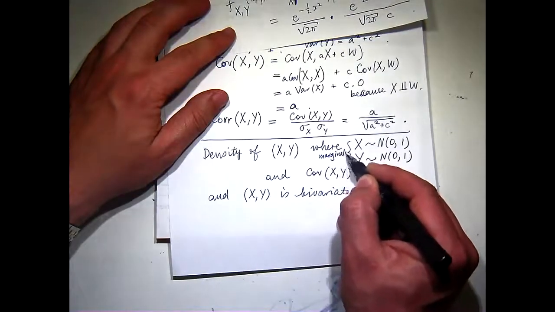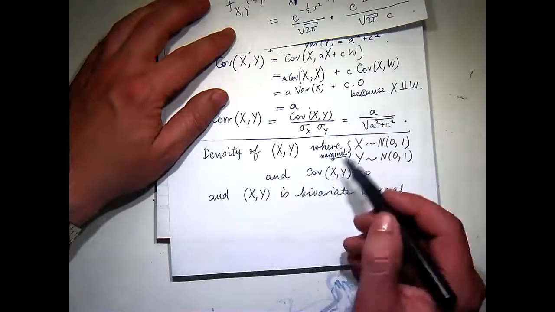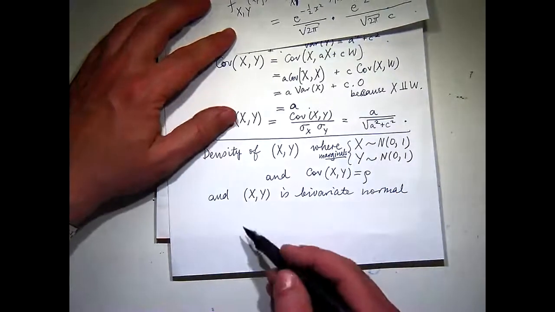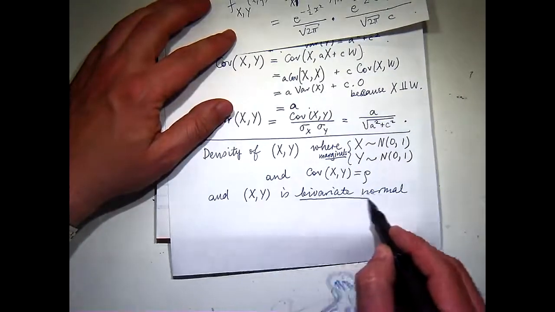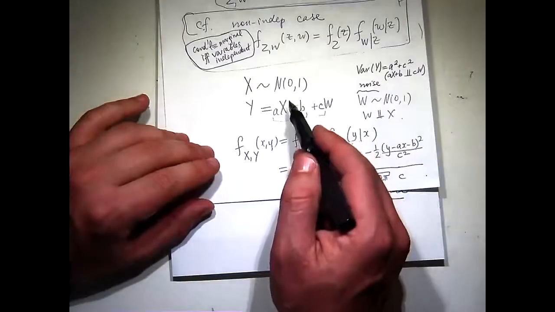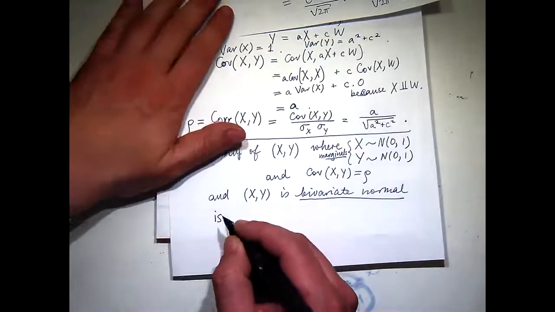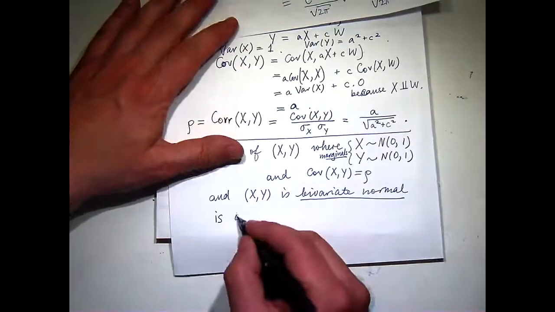These are the marginals are normal. It's possible to have marginals normal and indeed particular covariances, but if it's not bivariate normal, then it might not have the following density. In fact, it might not even have a density. So the bivariate normality of it, which you can take to be something to do with this construction, is quite important. But before we go on to those subtleties, I want to give you what that density is.